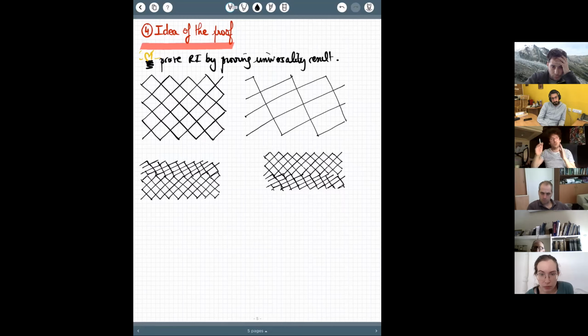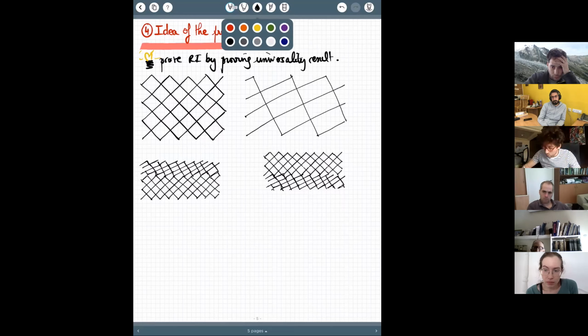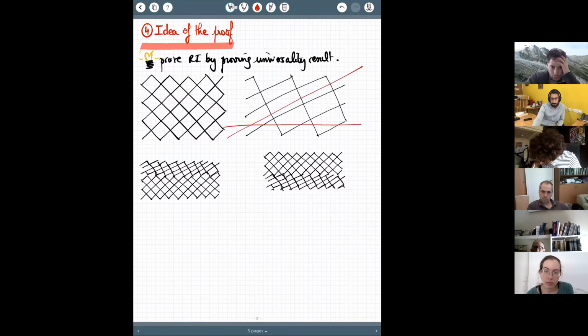So imagine you want to prove at the end rotation invariance by an angle theta. Okay? So what you are going to do is define a rectangular lattice, a little bit squeezed. Let me not tell you why, but a squeezed rectangular lattice which is rotated by an angle theta.